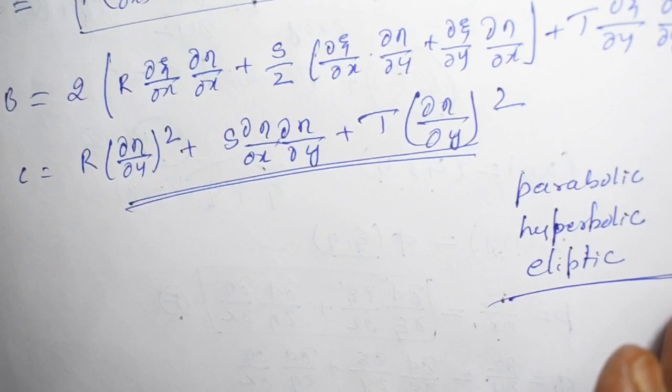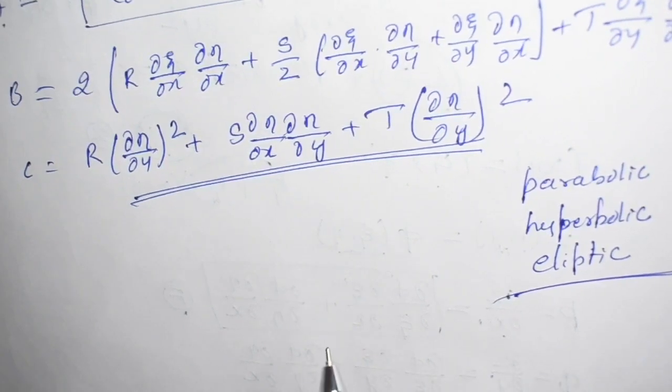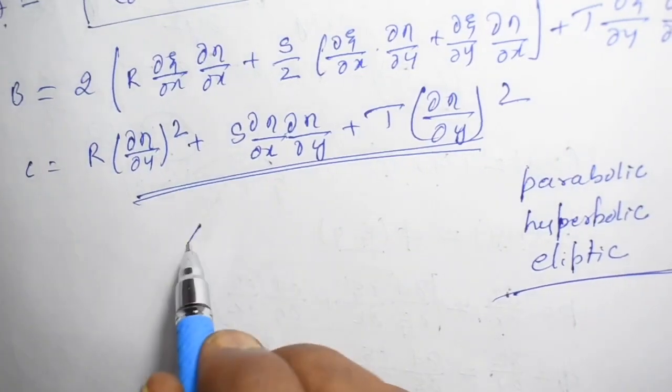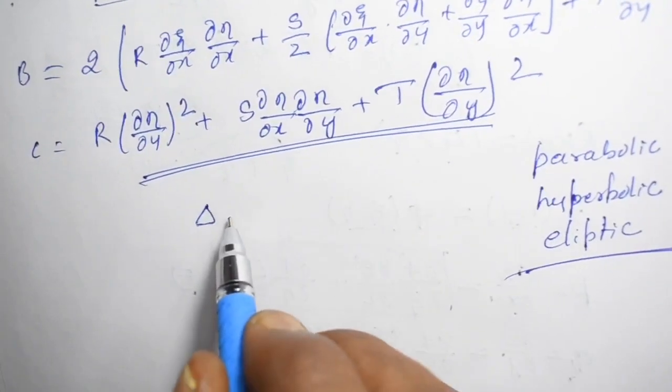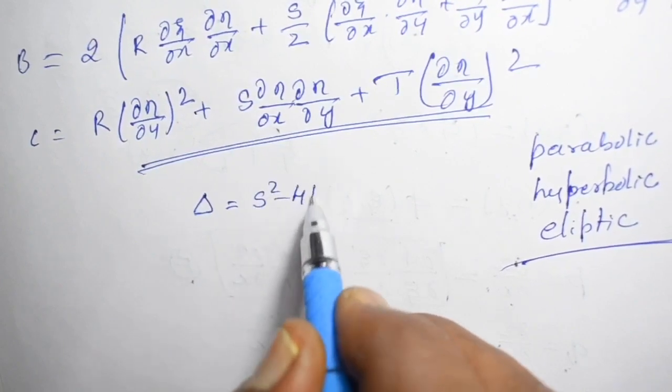So let us see when the parabolic equation will exist, in what circumstances the hyperbolic equation will come, similarly the elliptical equation will come. So there will be three cases for the classification of partial differential equations. That depends on the discriminant. Discriminant is given by delta is equal to s square minus 4rt.